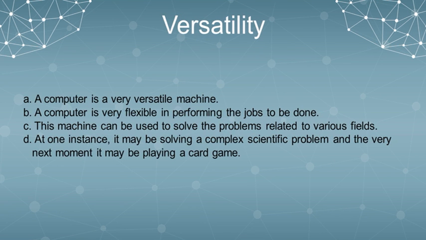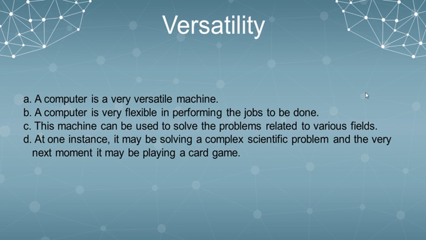Next, versatility. A computer is a very fast and versatile machine. Nowadays, a computer allows us to work on creating 3D animation, games, programming, study, and also as an entertainment tool. So everywhere we can use the computer, and that's why it can be termed versatile. A computer is very flexible in performing the job to be done.